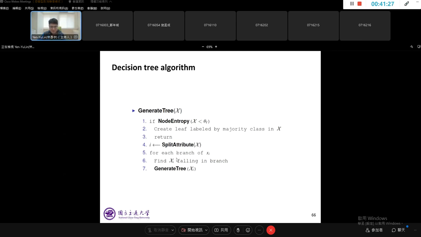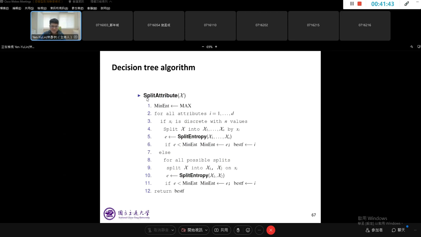For each branch, we recursively call the generate tree. Okay, so the focus is how to use information gain or entropy to control this function, split attribute.